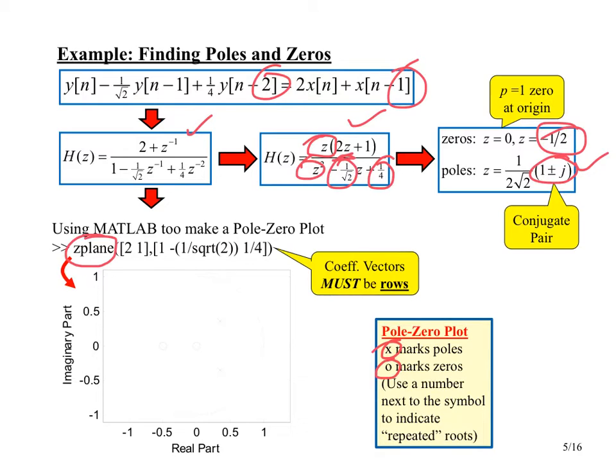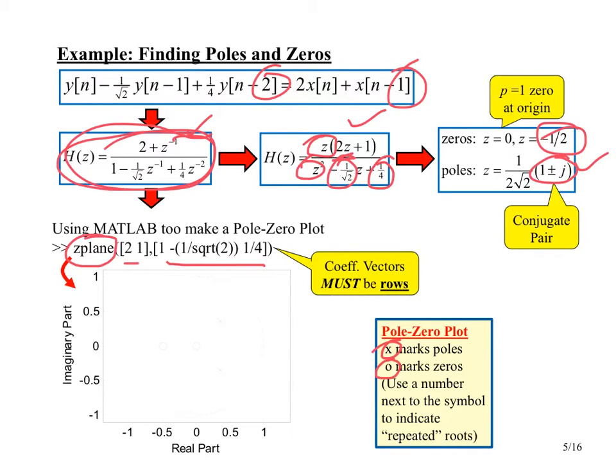So you can put in the 2 and the 1, and then the 1 and the minus 1 over square root of 2 and the 1/4. In that case, you would go directly from this form. You don't have to go to the z form; we go to the z form to do it by hand. So to use zplane, you should go directly from the z-inverse form.